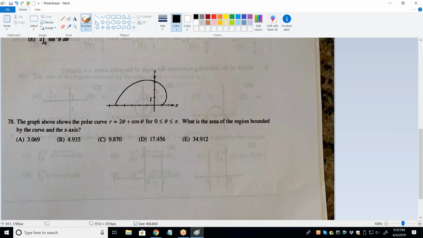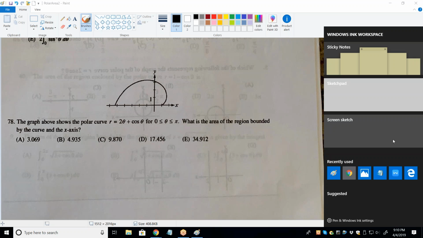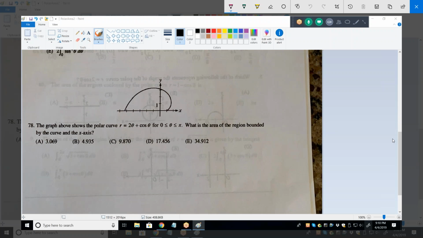In other words, this was easy because they told you what the one radial line was. It's not real easy to figure out what that radial line is there, but they tell you right there. So we know it goes from 0 to pi.